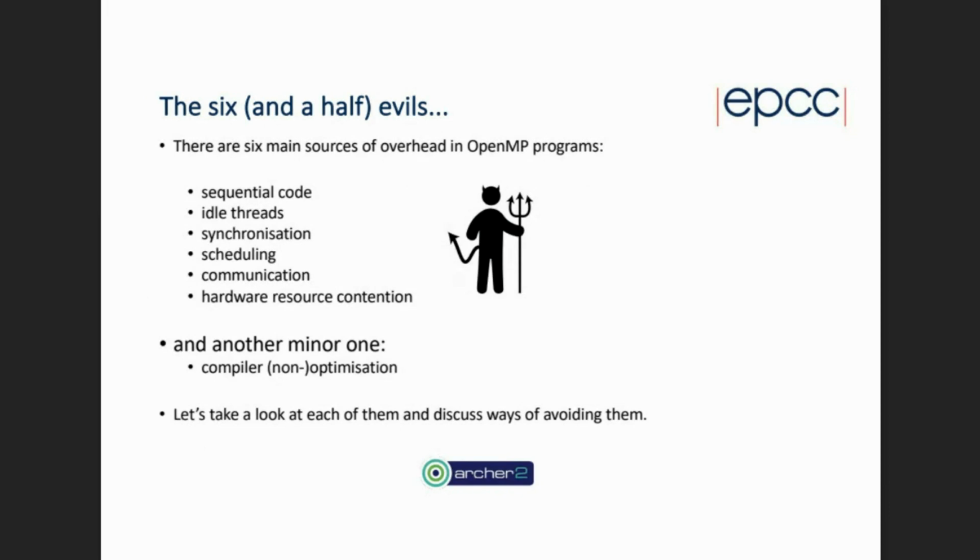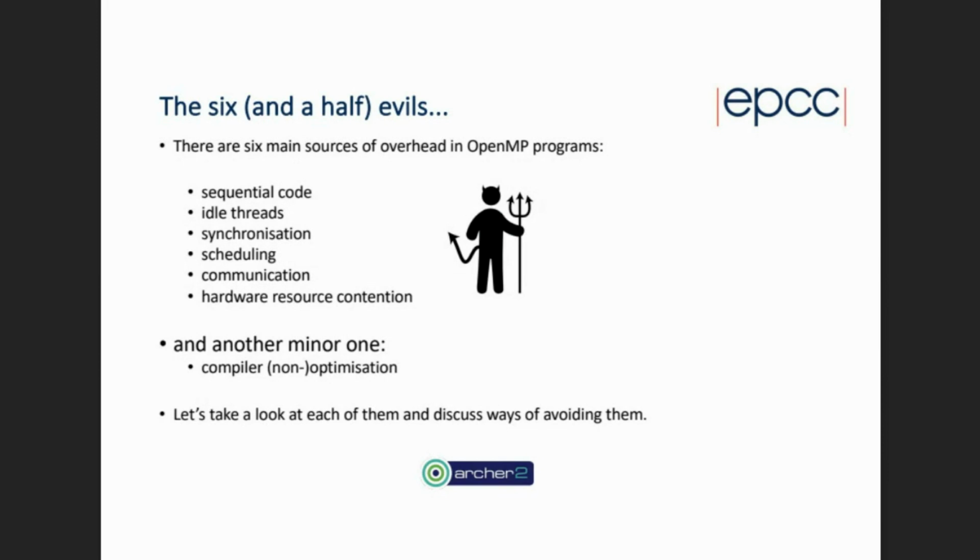There are a lot of them, but you can classify them into basically 6 different categories. Well, 6.5, but the 6 main ones. So for OpenMP programs, there are really 6 main categories of problems that can go wrong.